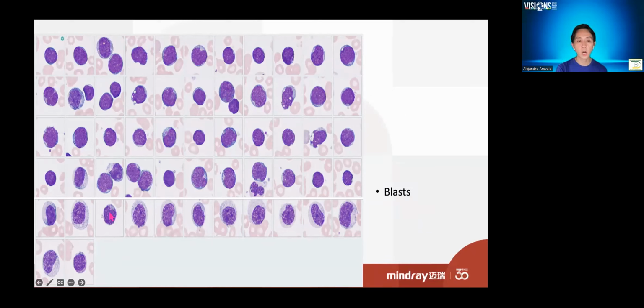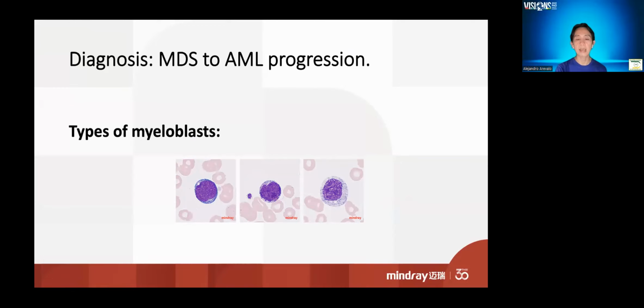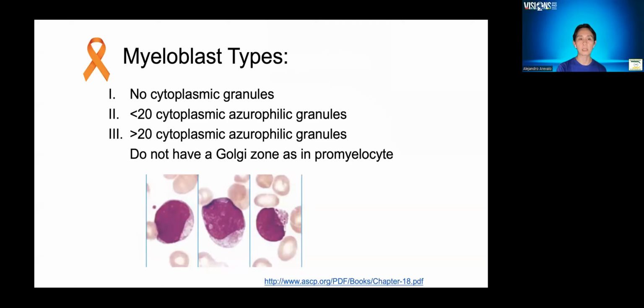specifically acute myeloid leukemia. Now, if you're going to review the myeloblasts, there are actually 3 forms or types of myeloblasts. You have your types 1, 2, and 3. Now, type 1 is typically the agranular type of myeloblast. And if there are granules, you can subdivide it into types 2 and 3.